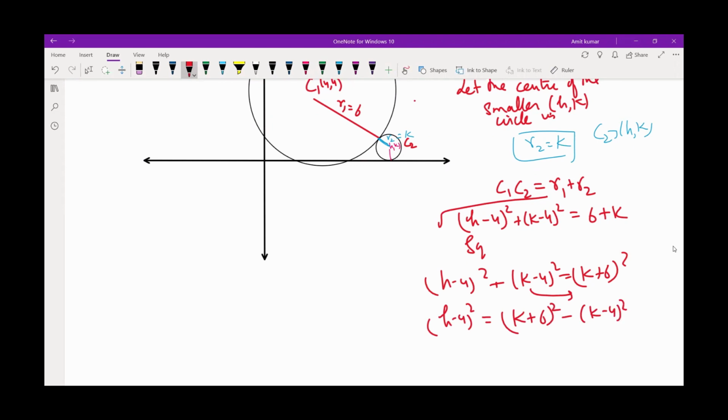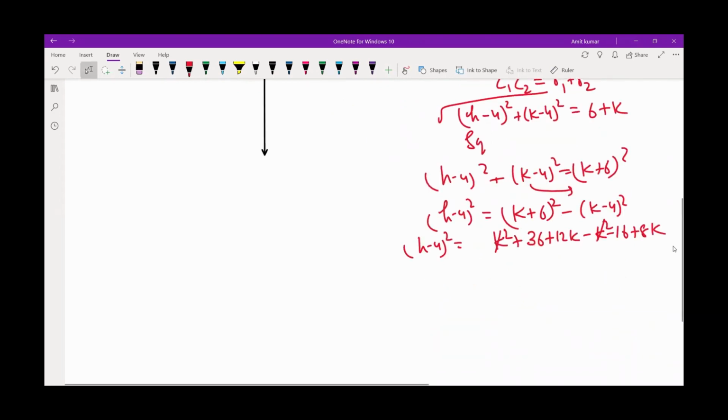After solving, this comes out to be (H minus 4) whole square equals K square plus 36 plus 12K minus K square minus 16 plus 8K, which is 20K plus 20.